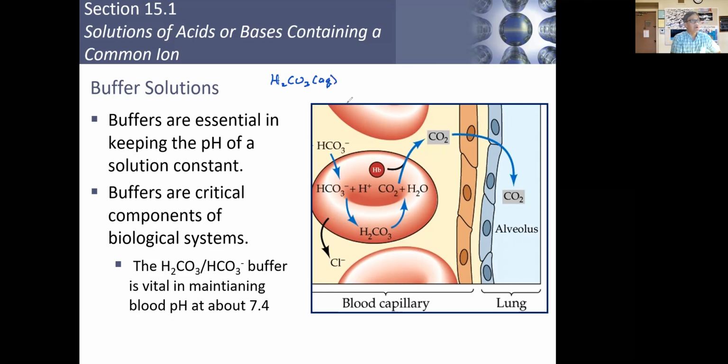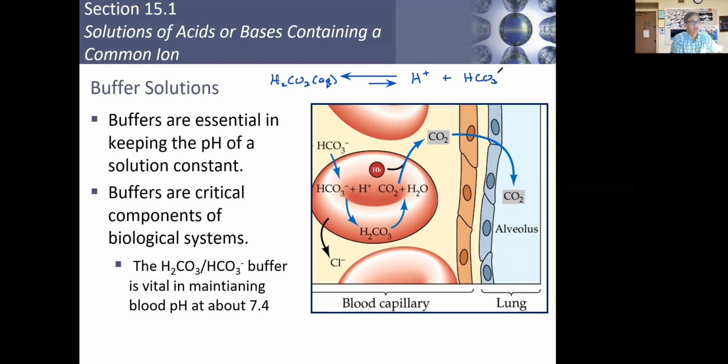Remember, carbonic acid is a weak acid, and so when weak acids break down, the equilibrium highly favors the undissociated form as opposed to the dissociated form. But when carbonic acid does dissociate, we get the hydrogen ion and this anion right here.